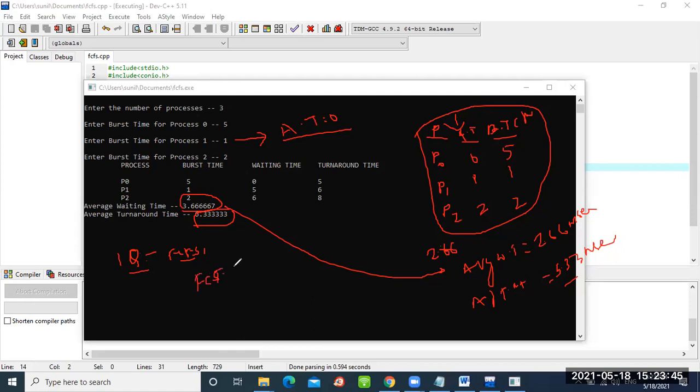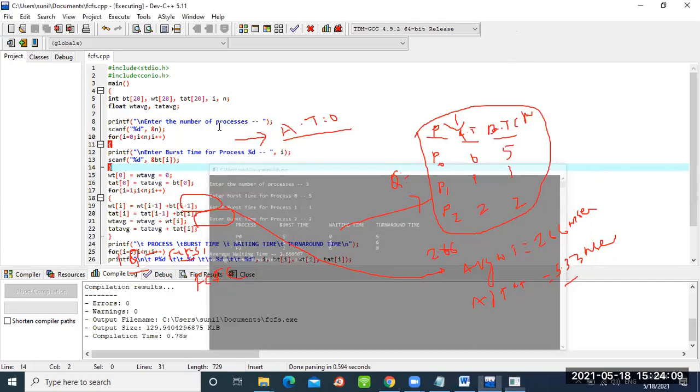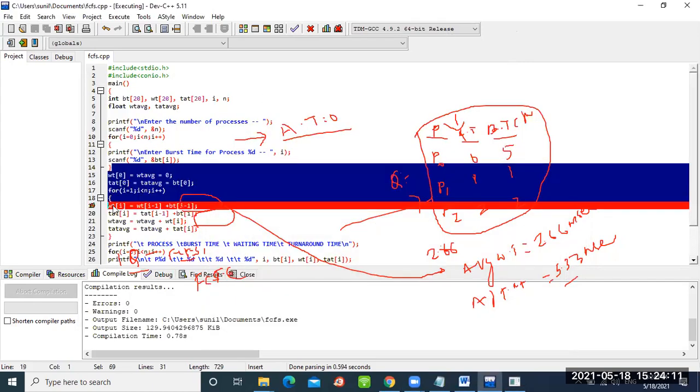For this problem, how will you find the average waiting time and average turnaround time? You have to include the arrival time also. What changes do you have to make in the program?